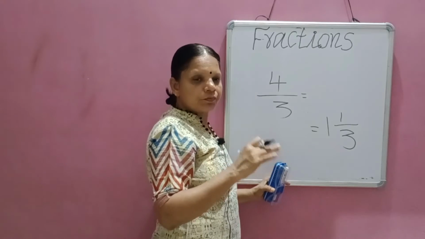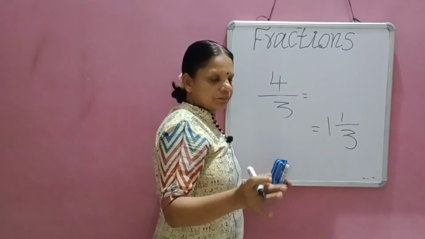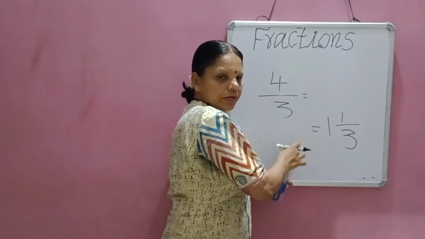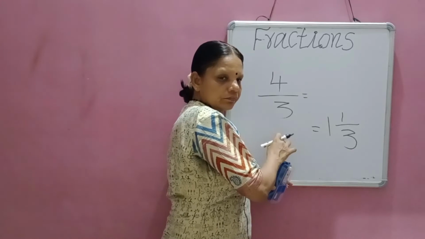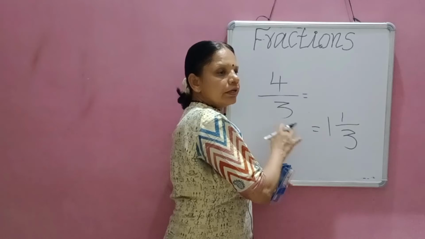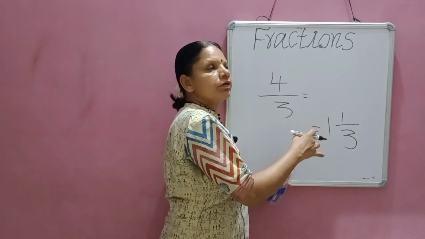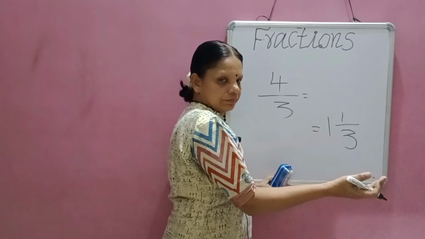And the value of improper fraction lies between any 2 consecutive integers, but it will be greater than 1. It can be between 1 and 2, it can be between 2 and 3, etc.